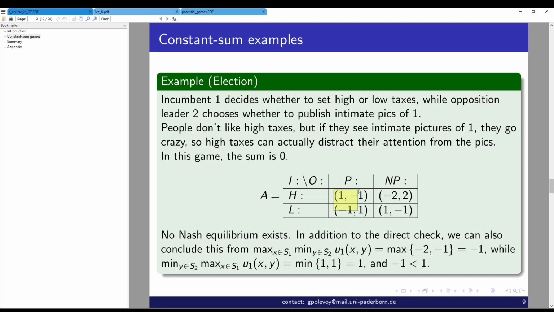Besides this direct check, we can also conclude this by the theorem that the minimum of the maximum should be equal to the maximum of the minimum, while here the maximum of the minimum is -1, while the minimum of the maximum is 1. So that's another way to see that there is no Nash equilibrium using that characterization.